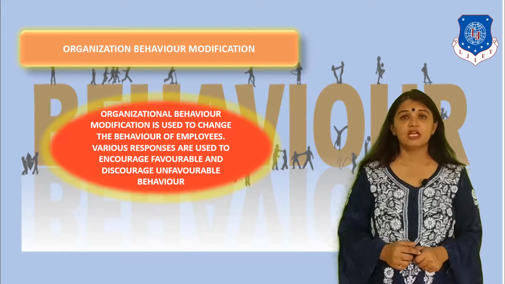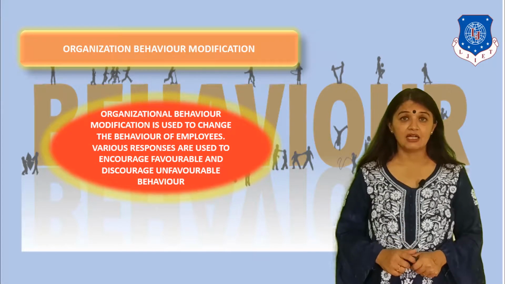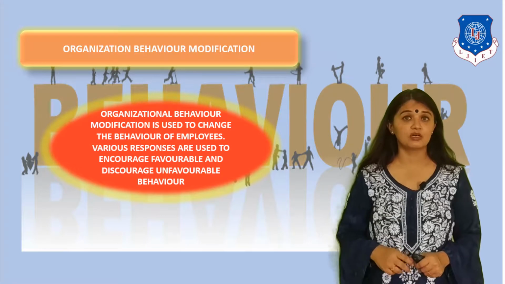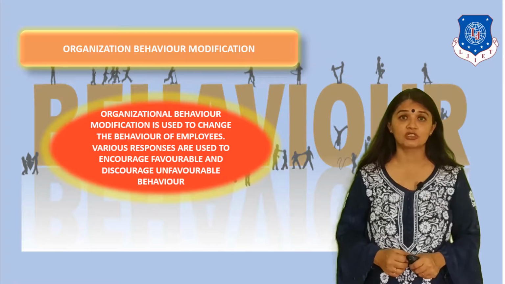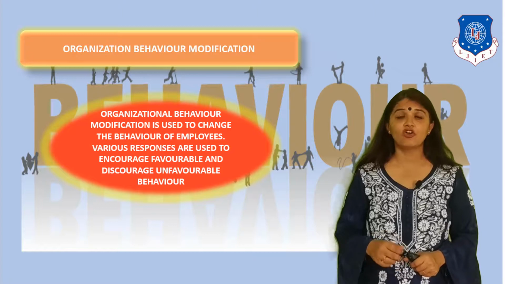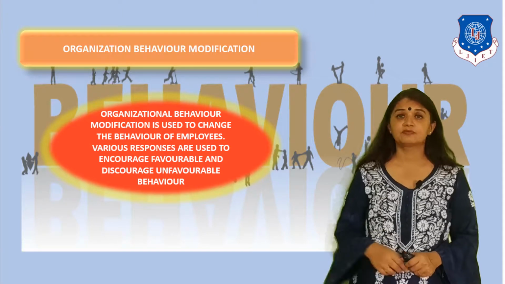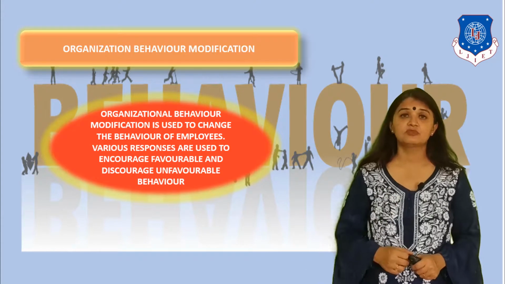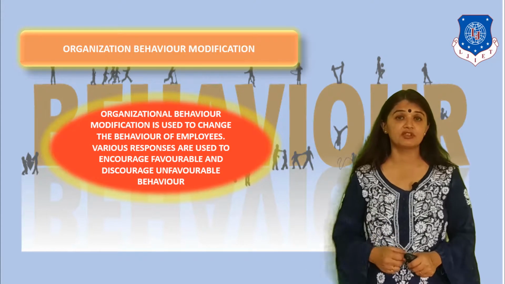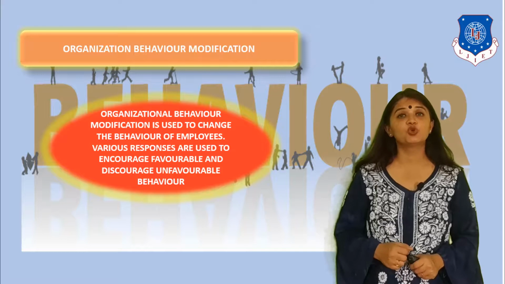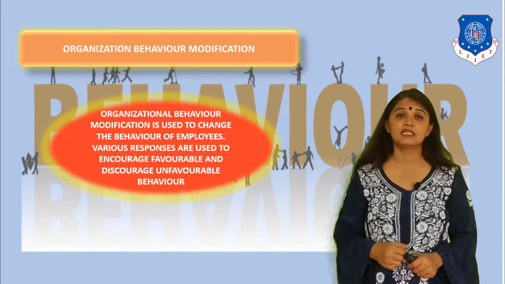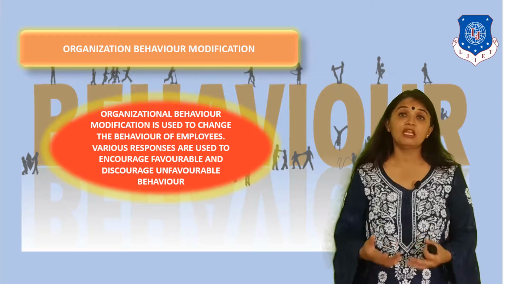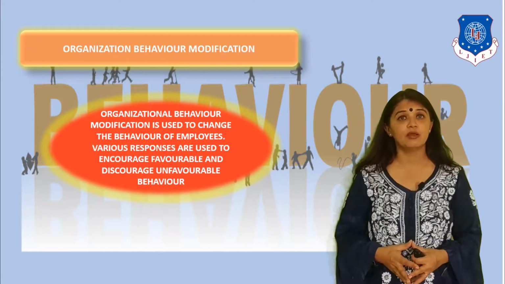So first of all, we have already understood that whether employees in an organization will work with high productivity or not will largely depend on their behaviors. And if the leaders want desirable outcomes or desirable behaviors, then they will have to go through a process which is called organizational behavior modification, because each and every employee may not behave in a desirable manner.